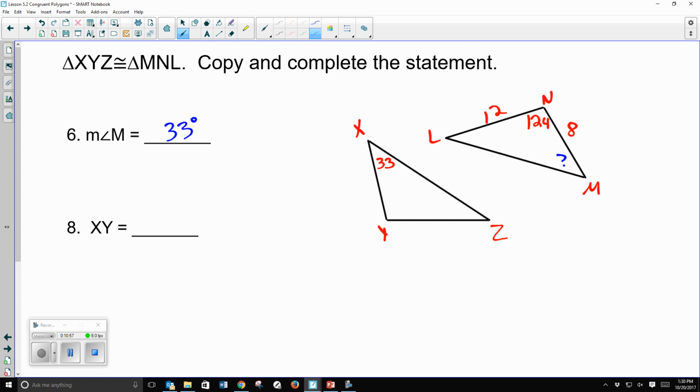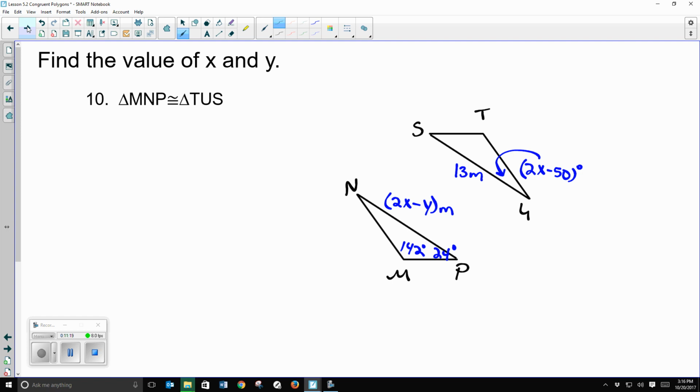What about XY? Let's see, XY is congruent to MN, and MN is 8, so this would be 8. Right? Find x and y. First I want to find x, and I see that I've got 2x minus 50 over there, and then I have 2x minus y. I don't want to do 2x minus y.